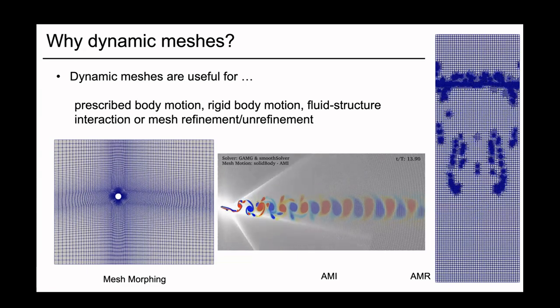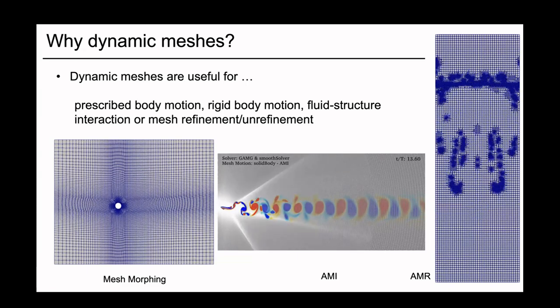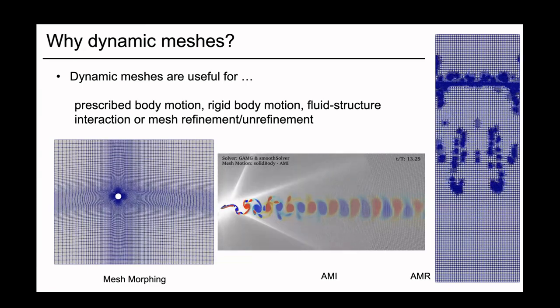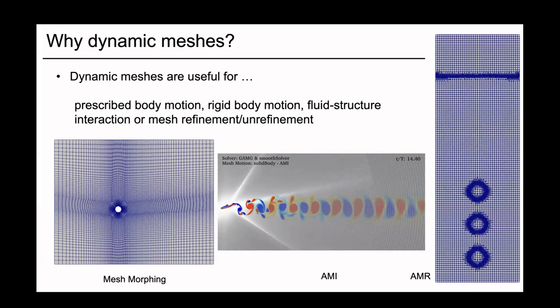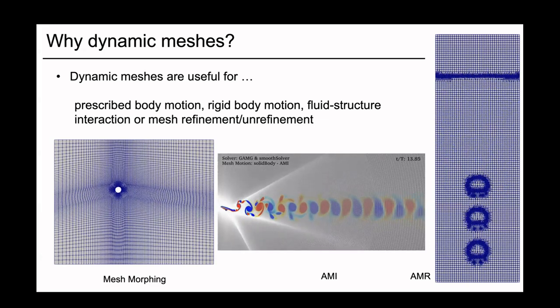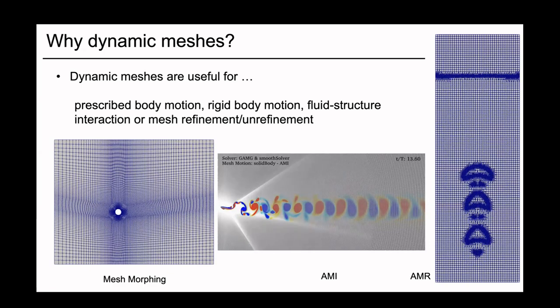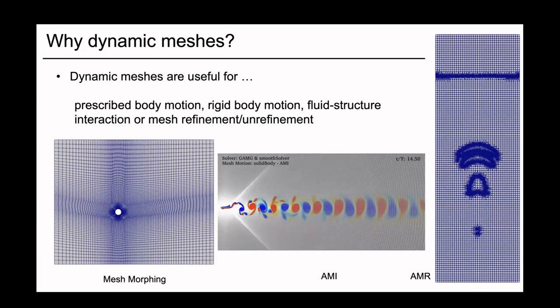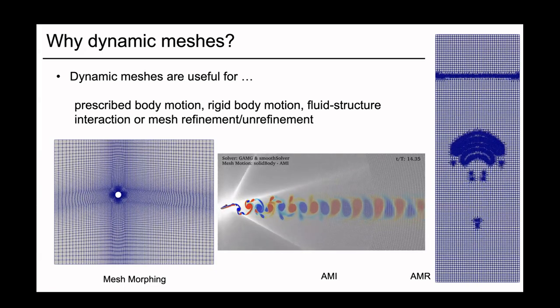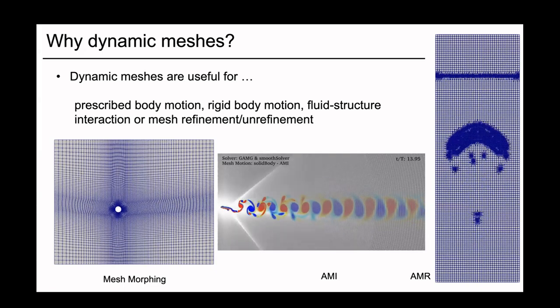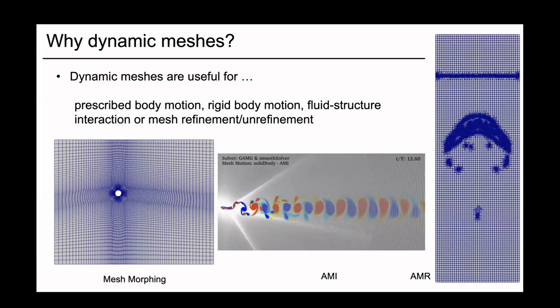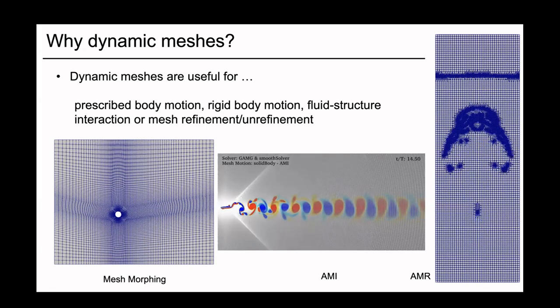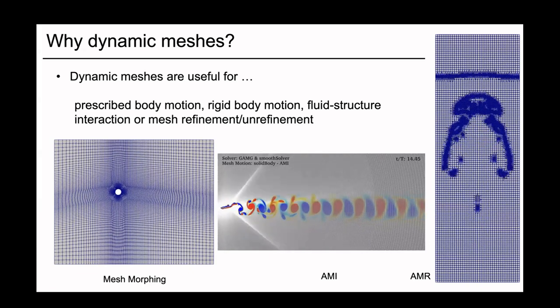And in the third animation, you can see a droplet rising. It can be anything. But what is the dynamic mesh motion? As you see, as it goes with the interface of the droplet, the meshes are getting created or deleted. This kind of mesh motion is called adaptive mesh refinement.